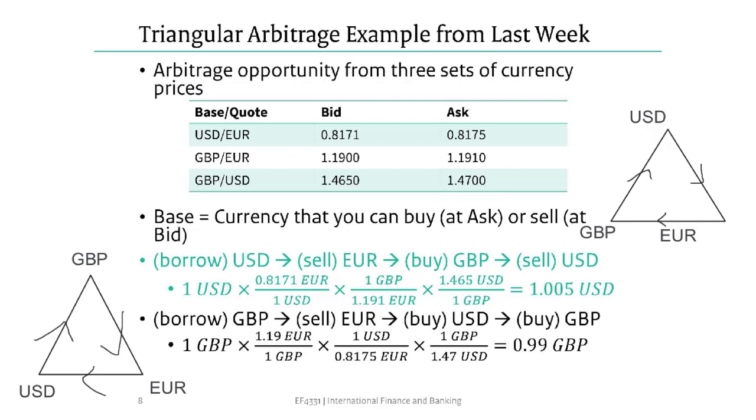Let me draw some triangles here for you. In the first case, we have US dollars to euros to British pounds.